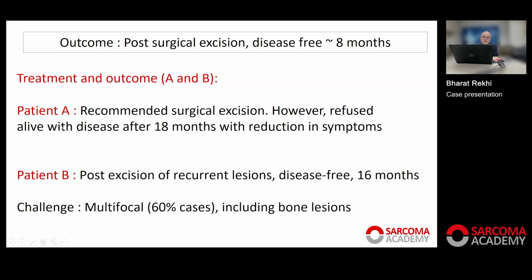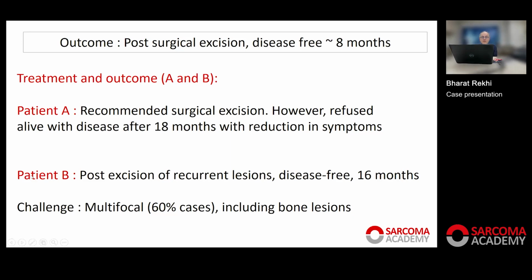However, he refused and is alive with disease. I called yesterday, and that's 18 months duration with reduction in symptoms and lesions. The area is not very tender, as he says. He's on the anti-tubercular treatment. He has not taken any further treatment. He is kind of alive with disease. Patient B had an excision even for the recurrent lesions and is disease-free, 16 months till the last follow-up.